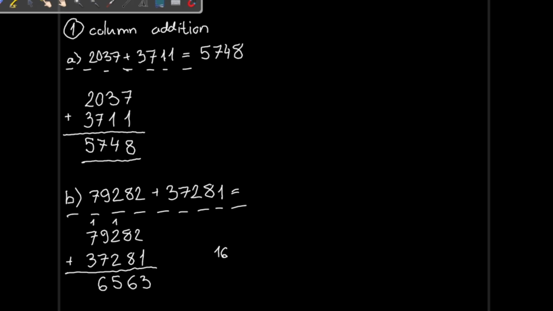And once again we have 3 plus 7 plus 1, sorry, which is 11. So 11, we write the 1 here and move this 1 right here, and the sum of 1 is just 1.